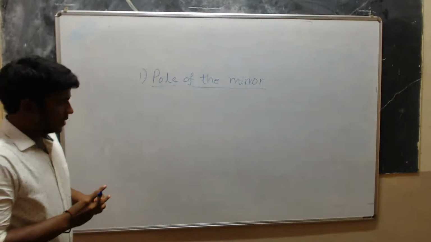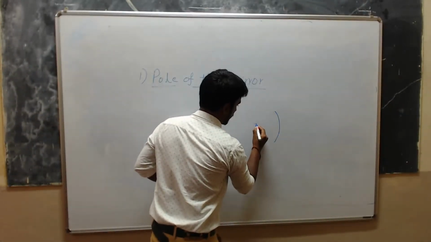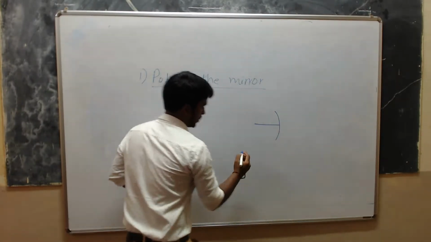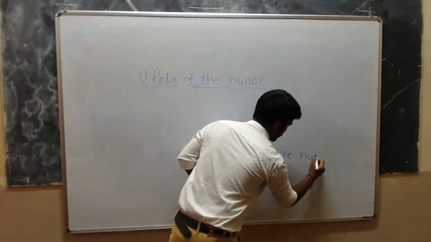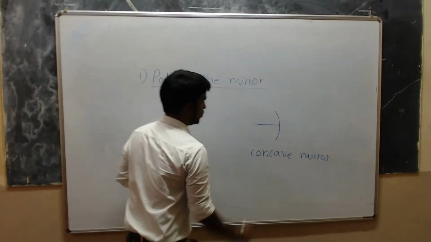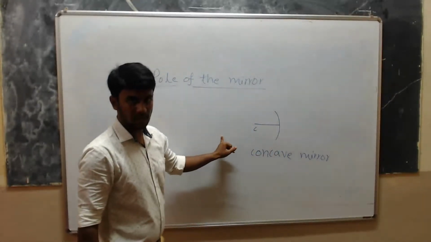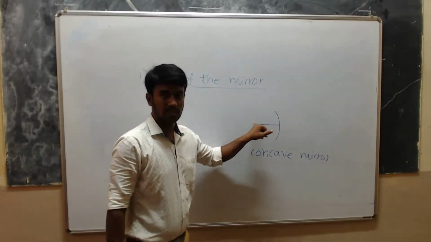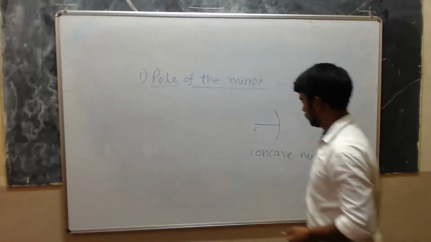Just imagine a convex mirror. Now this is a concave mirror. Actually this mirror is a part of a circle, right? So that's why it has a center C. We call this center the center of curvature. And observe here, this is the concave mirror.